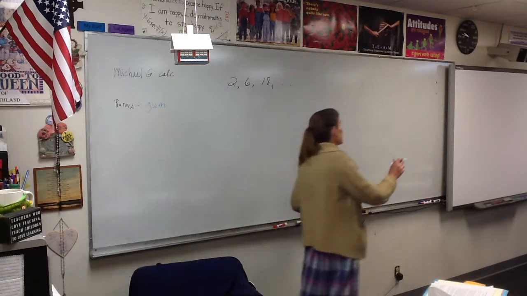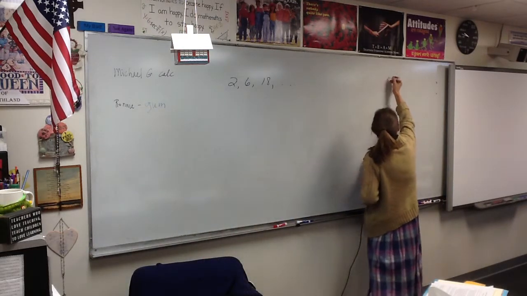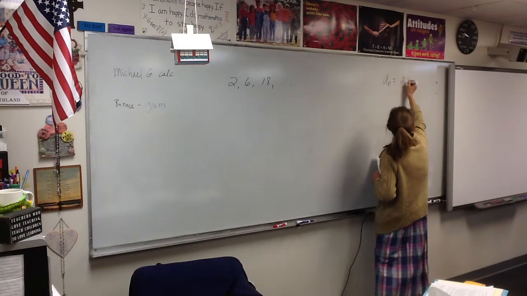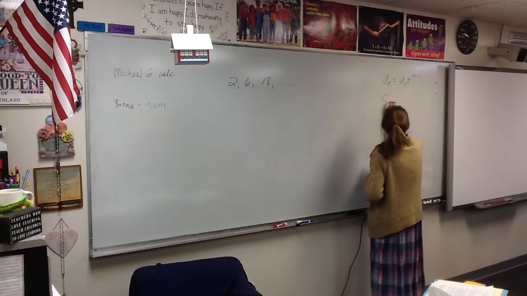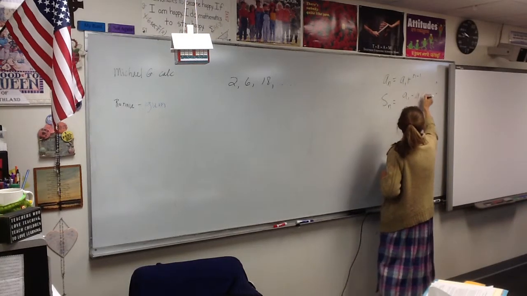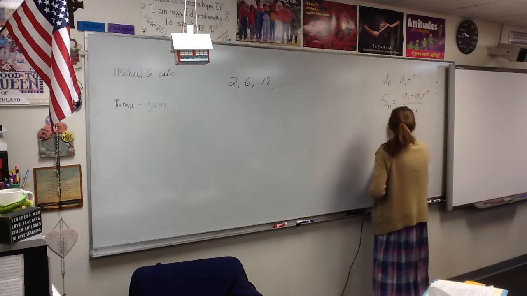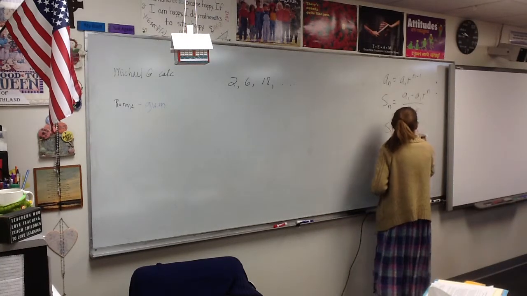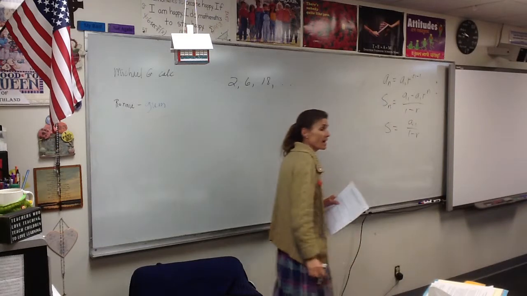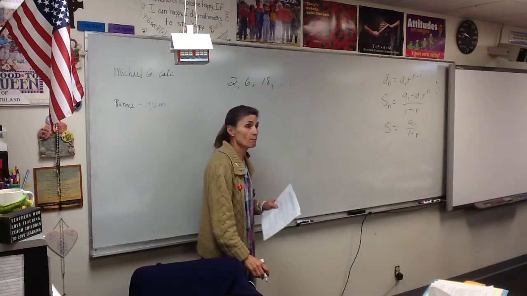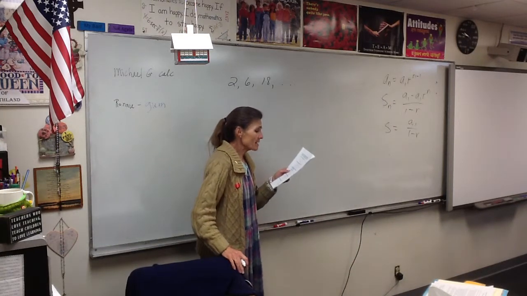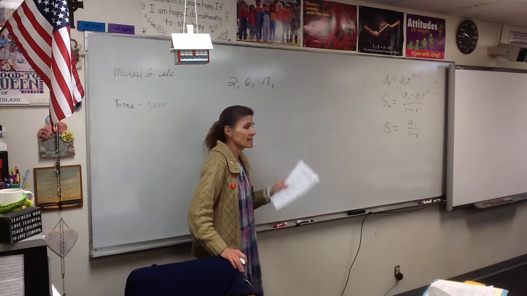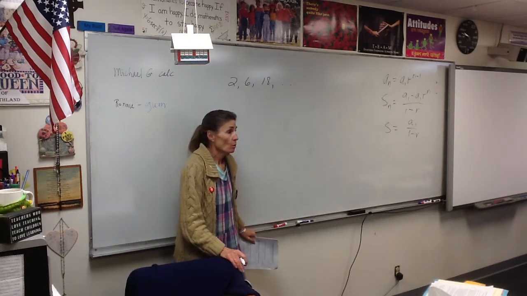Now, I am going to give you the formulas. Where geometric is concerned, you have 3 formulas. Here they are. So you have to decide which of those formulas is appropriate to find how much money on the 18th square. What do you think?